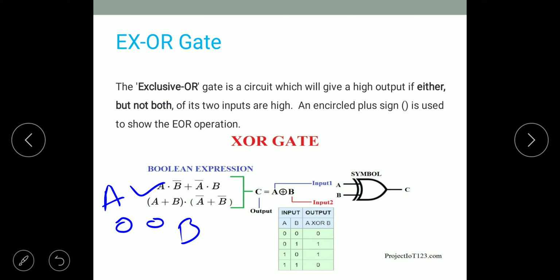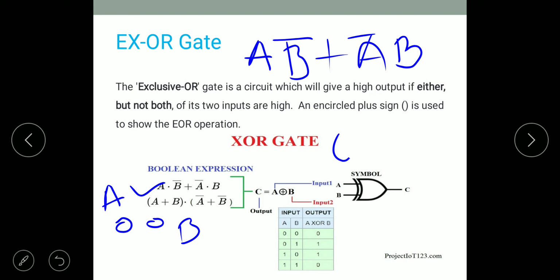So the expression is A dot B bar plus A bar dot B. So A is 0 and B bar means not B. B is 0, so B bar is 1. Then A bar means not A. A is 0, so A bar is 1, and B is 0.